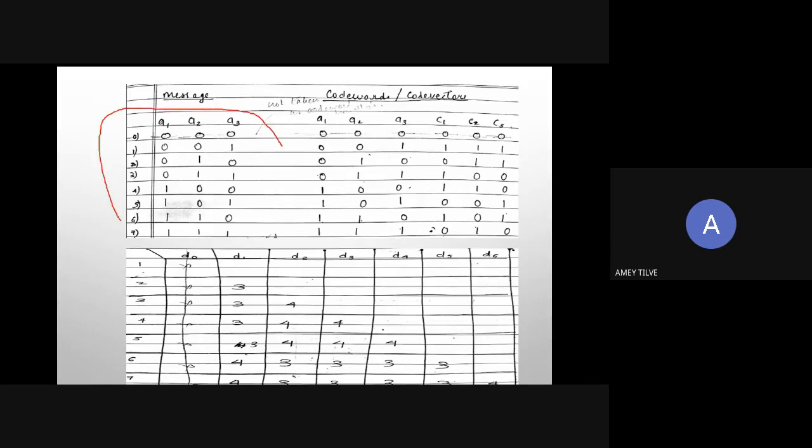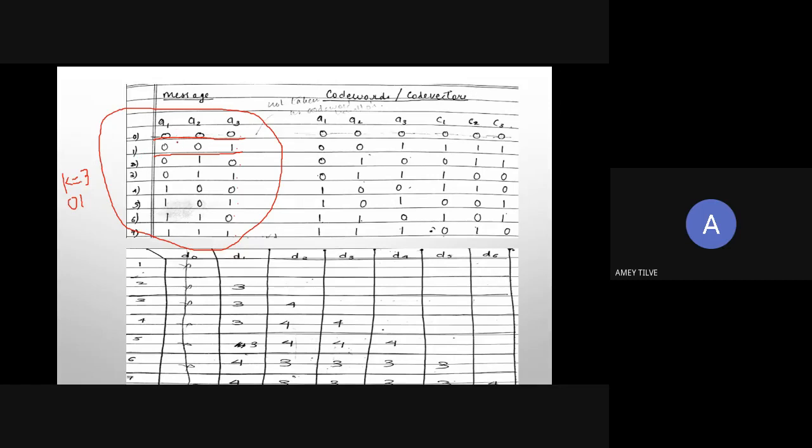I have written all combinations of 3 bits: binary 0, 1, 2, 3, 4, 5, 6, 7. We know that the value of k equals 3, and in binary form we can write it as either 0 or 1. We have seen this previously, for example how a was represented as 000 or 001. So your message is over here.